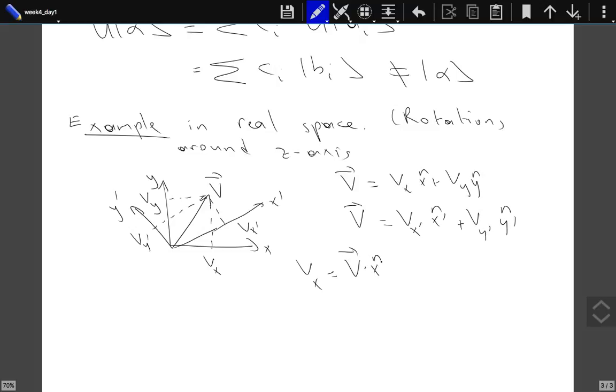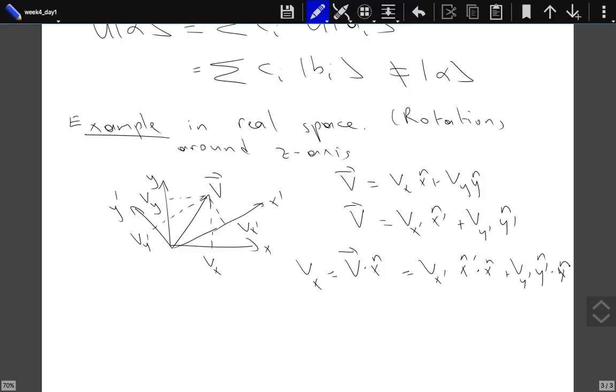Just use this relation: x hat dot y hat is 0, x hat dot x hat is 1. I'm left with vx. But this is also the same vector v, so if you substitute v over here, you would get vx prime x prime hat dot x hat plus vy prime y prime hat dot x hat.